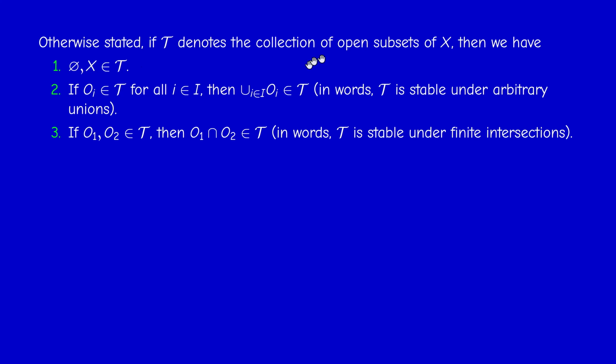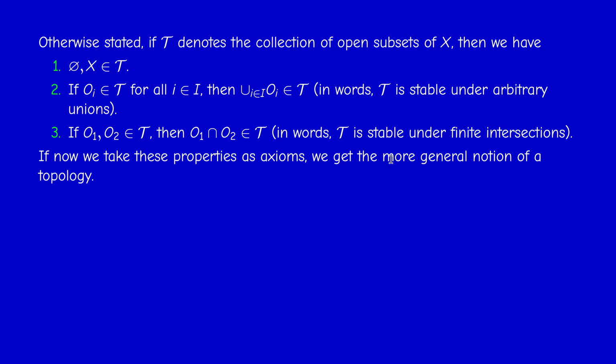If T denotes the collection of open subsets of a metric space X, then the empty set and the whole space belong to this special collection, and T is stable under arbitrary union. So if we have a collection of elements in T, then their union is also in T. And third condition, the intersection of two elements of T is in T. Okay, so we say that T is stable under finite intersections.